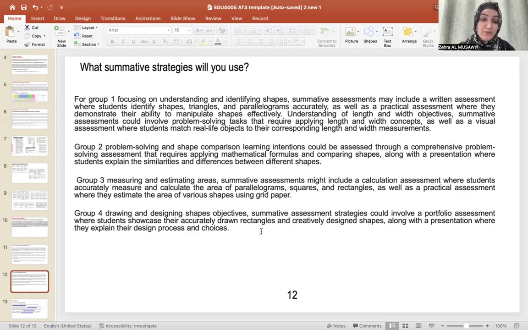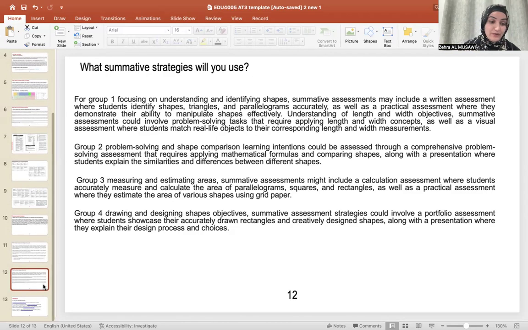Group 3, measuring and estimating area, summative assessment could include a portfolio assessment where students showcase their accurately drawn rectangles and creativity.